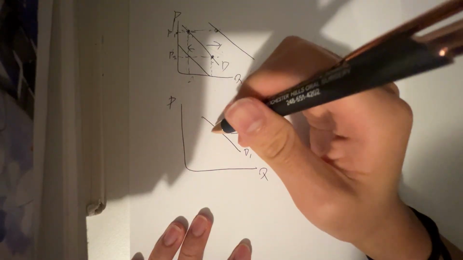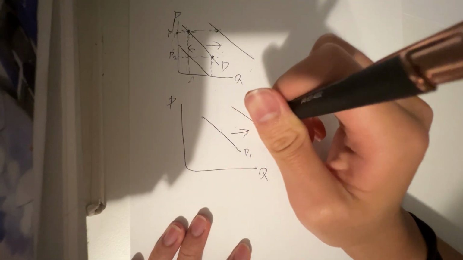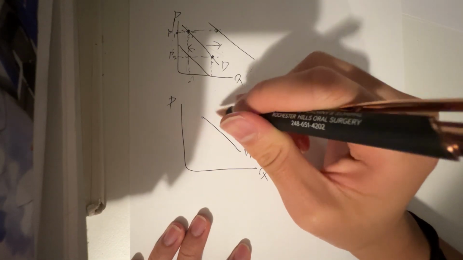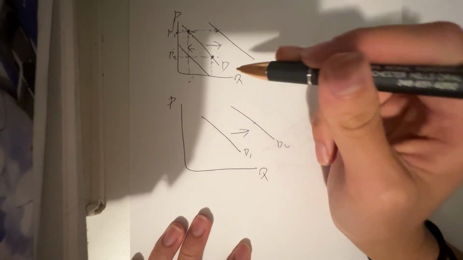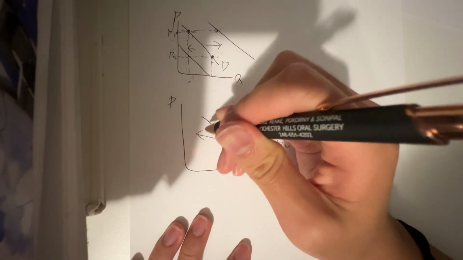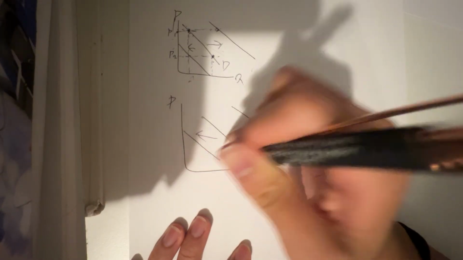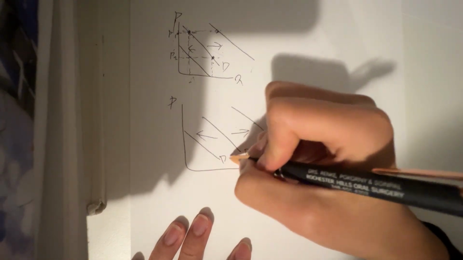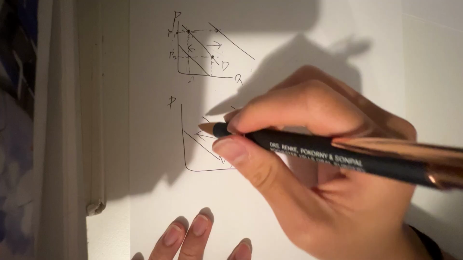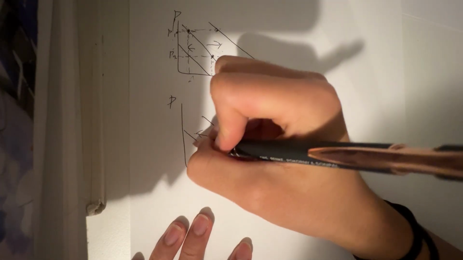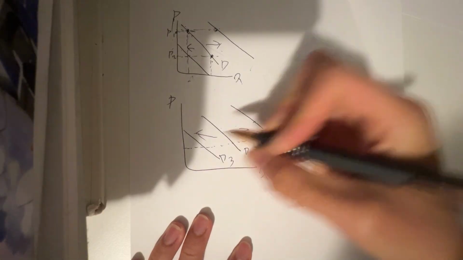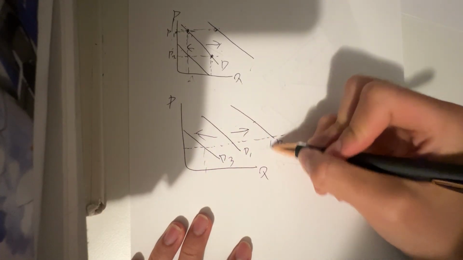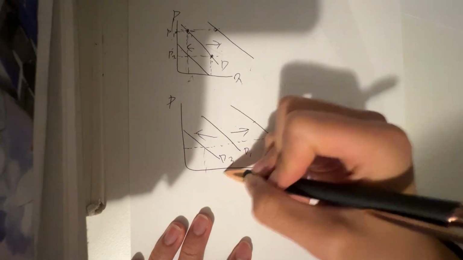This means that at every possible price, consumers want to buy more. But the question is also asking about a decrease in demand, shifting to the left. This means that at every possible point, people want to buy less. And you can see that at this fixed price, the quantity demanded is less.